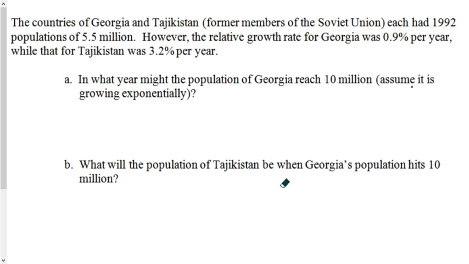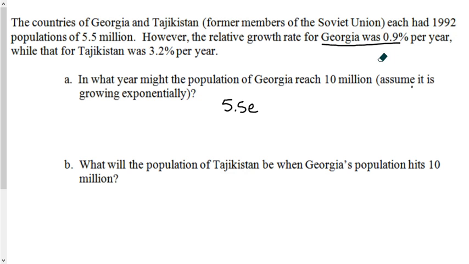So it says, in what year might the population of Georgia reach 10 million? Well, what we're going to do is take the initial starting value for Georgia, which was 5.5 million, and I'm just going to leave this as 5.5. I'm not going to put a whole bunch of zeros on there. We just know that it's a label, right? And then we have e to the, all right, so Georgia is this.